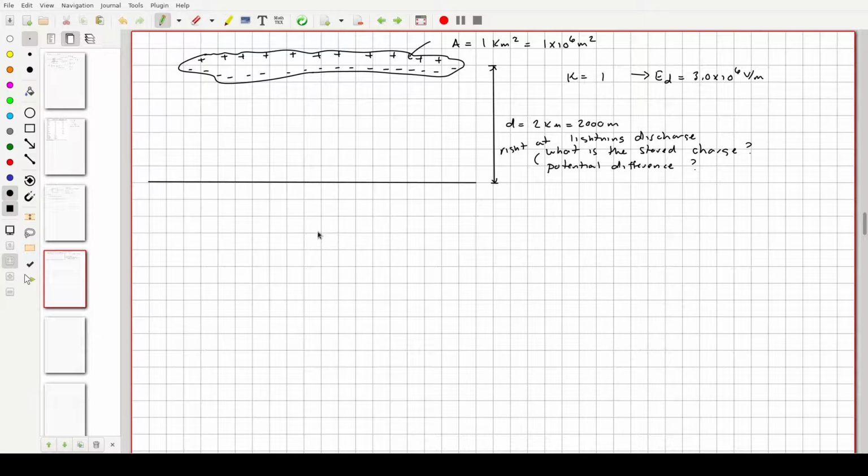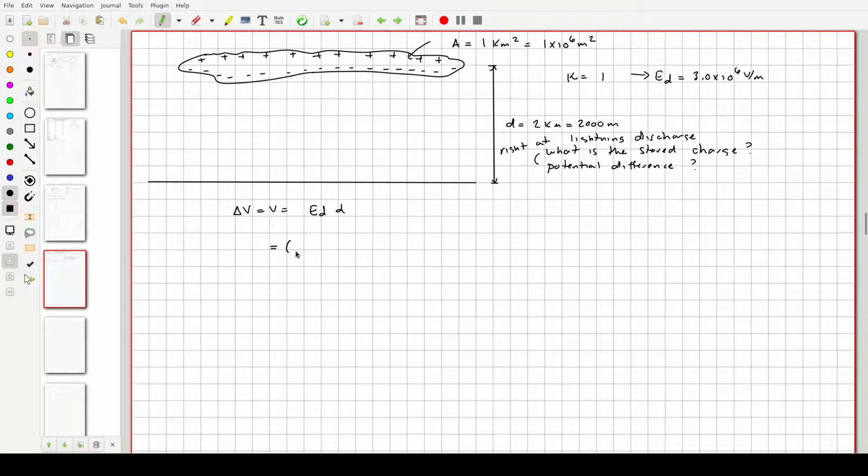So what you want to do is to find what the difference in voltage would be between the top and the bottom, such that this breaks down with a distance of 2 kilometers between the cloud and the ground. So if you just think of this in terms of magnitude, the difference in voltage, or just V, would be the electric field times the distance.